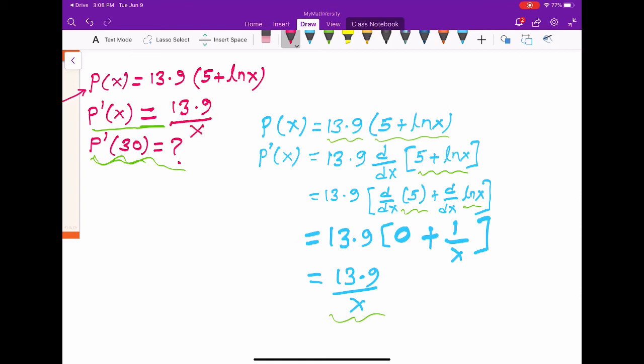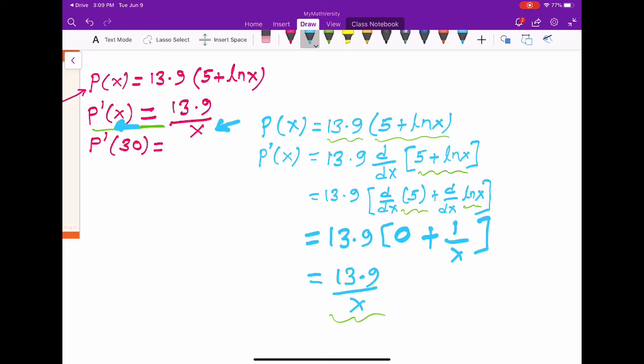But our goal is to find P prime of 30. Since we already have P prime of x, we just need to evaluate P prime of x at 30. How can you do that? We just replace x by 30.